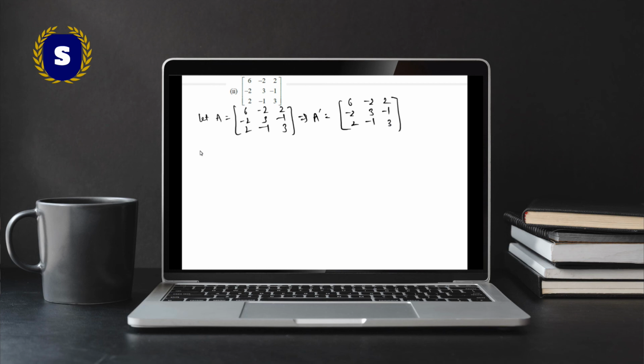Right? Let P be equal to half of matrix A plus A transpose. I am writing it directly. Okay, we already know how to solve this.